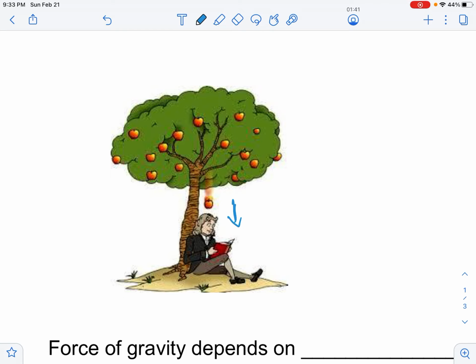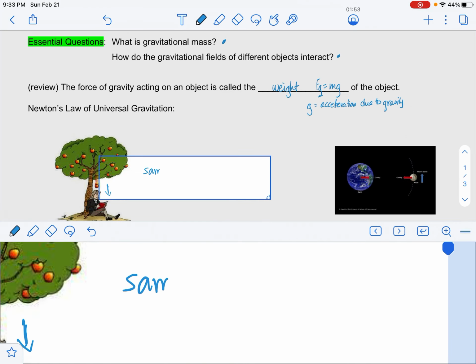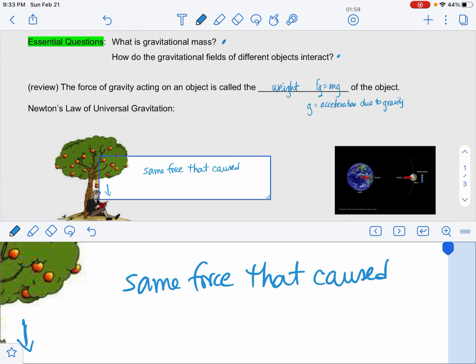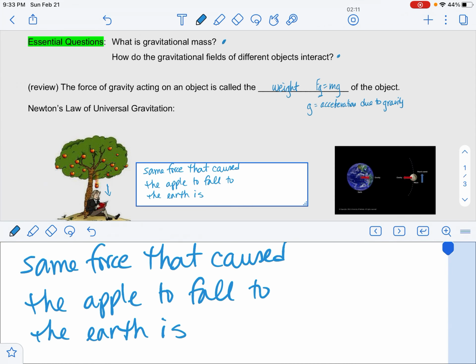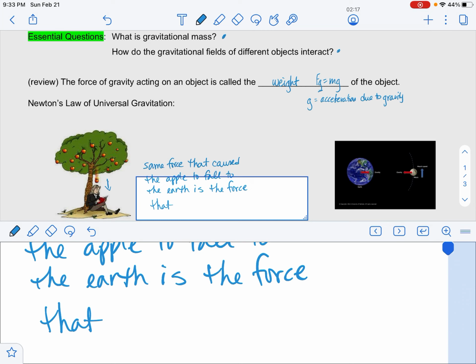Because nobody discovered gravity. What Isaac Newton did was he realized that the same force that caused the apple to fall to the earth is the force that keeps the moon in orbit.